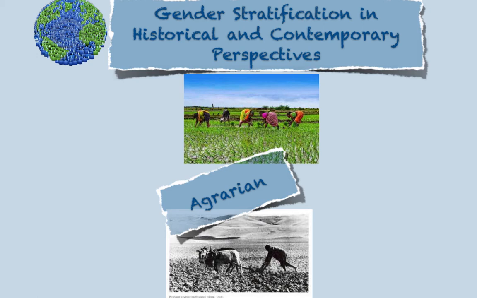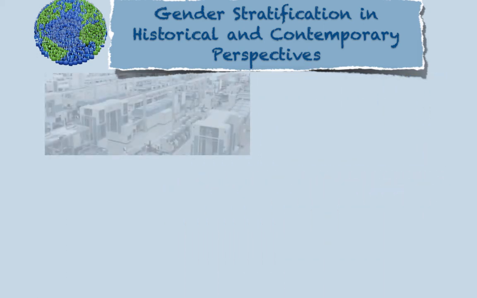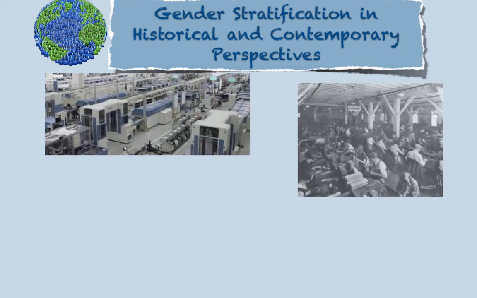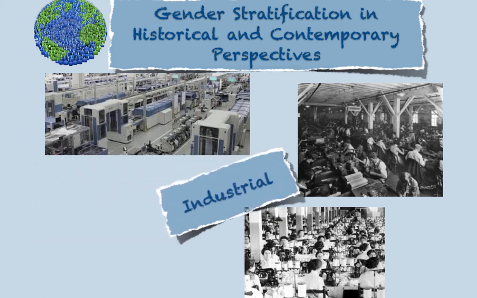When we move from agrarian into the industrial period, a society in which factories or mechanized production have replaced agriculture as the major economic base. As societies industrialized, the status of women declined further. The division of labor between men and women became more distinct.